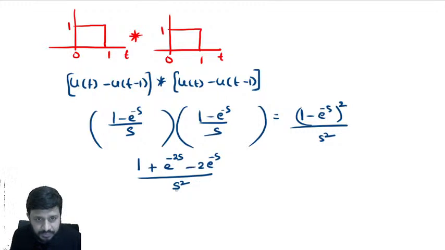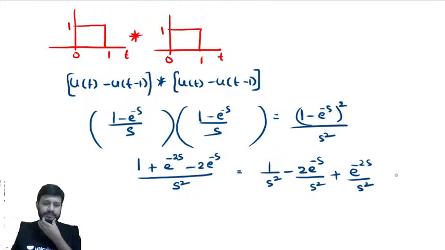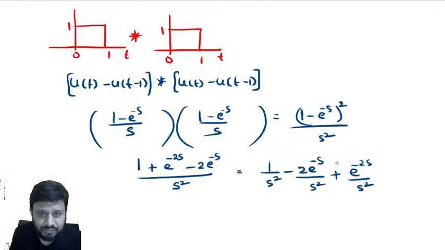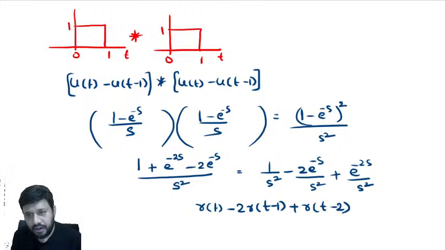Now, this is nothing but 1 by s square minus 2 e power minus s by s square plus e power minus 2s by s square. Come on, write the inverse. Calculate the Laplace transforms, multiply the Laplace transforms, and to the resulting Laplace transform, find out the inverse Laplace. So, 1 by s square means r(t) minus 2 r(t minus 1) plus r(t minus 2).